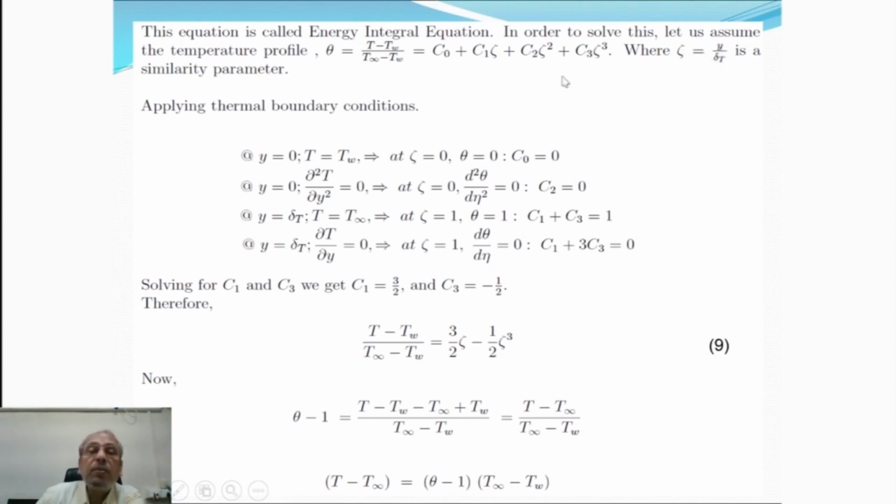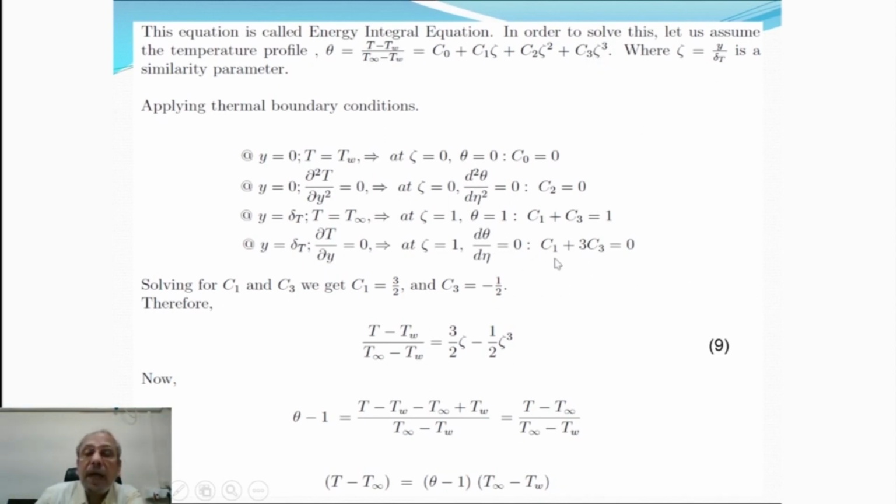At xi equal to 1, if we differentiate with respect to xi once, C0 is not there, C2 is not there, we get C1 plus thrice C3 xi square.